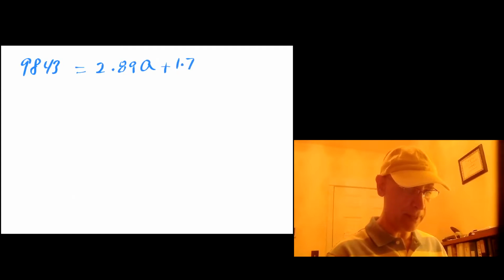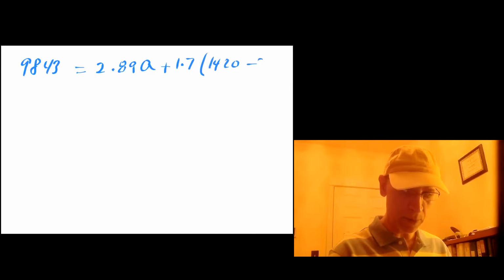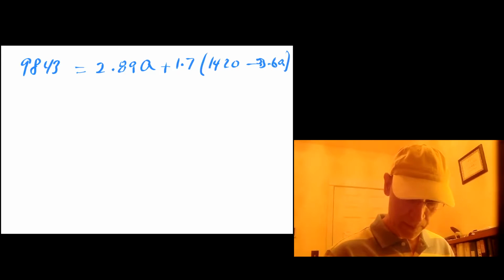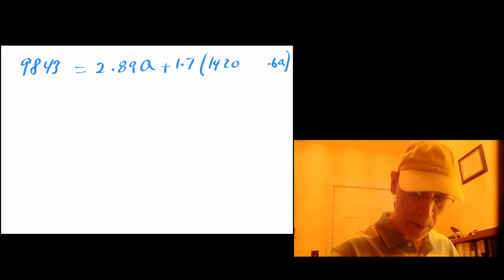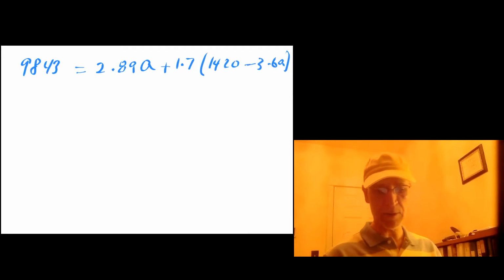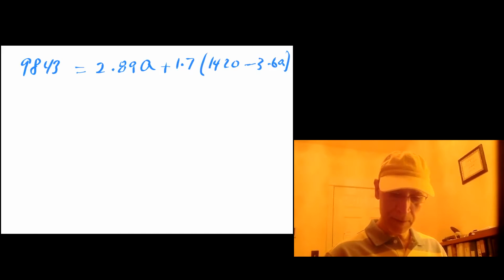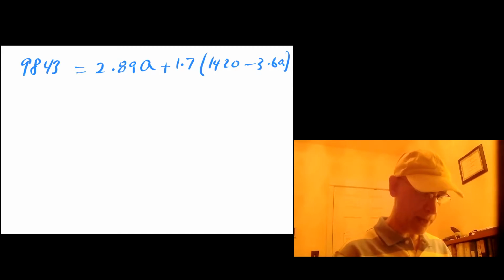But what is b? b, we decided, was 1420 minus 3.6a.